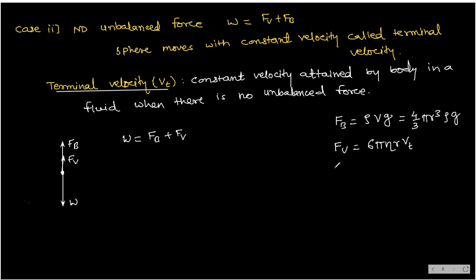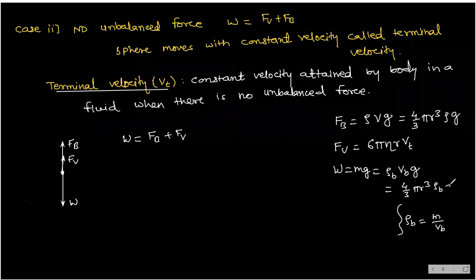And W is equal to mg, and I can replace m: density of bob rho b is m by V, so W is rho b into V into g, which is 4 by 3 pi r cube rho b g.